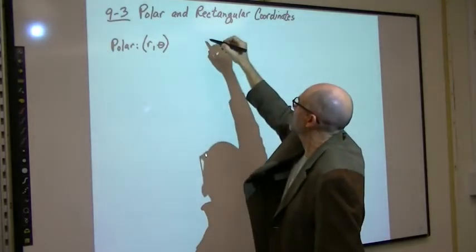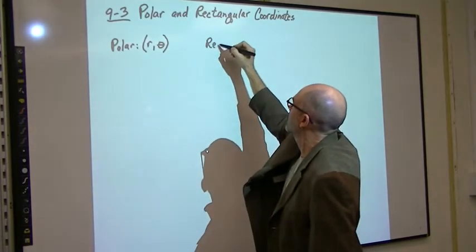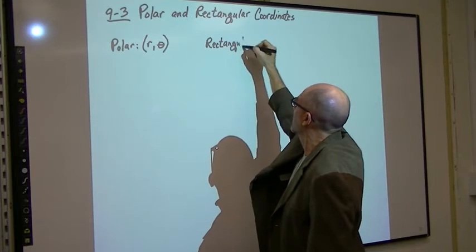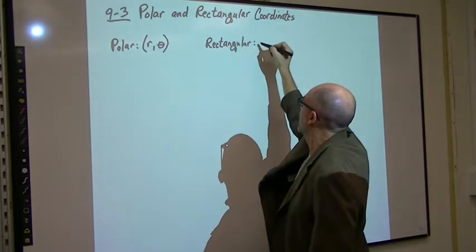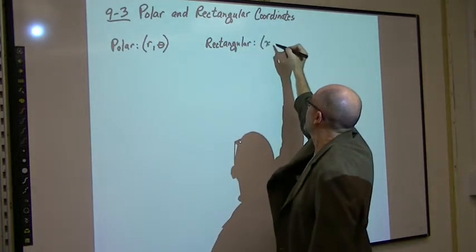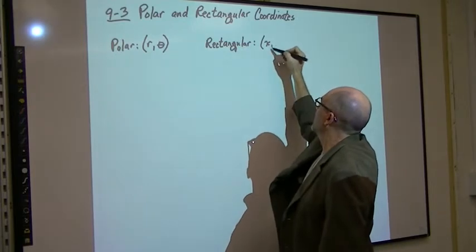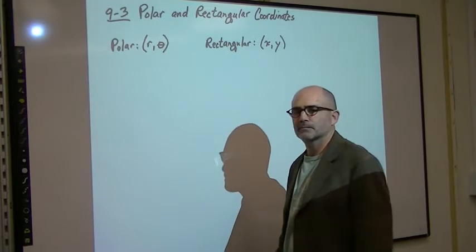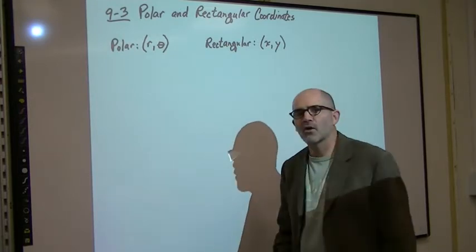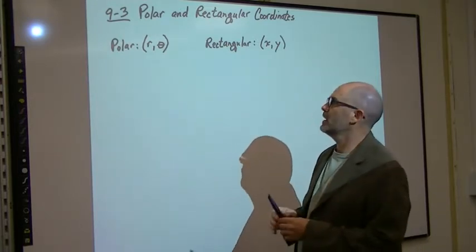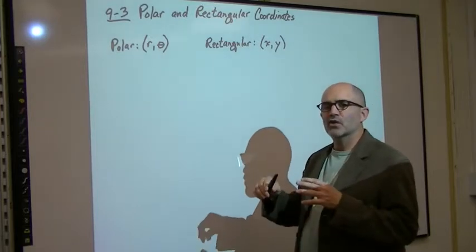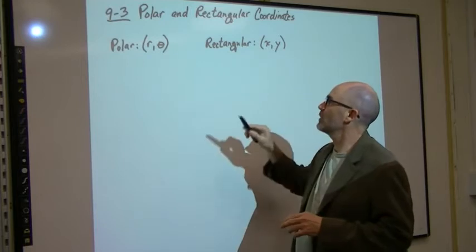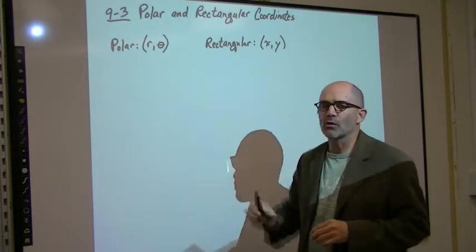Now, rectangular coordinates are some direction in right or left and up or down. Okay, so the goal today is that you're going to be able to translate from polar to rectangular and rectangular to polar.